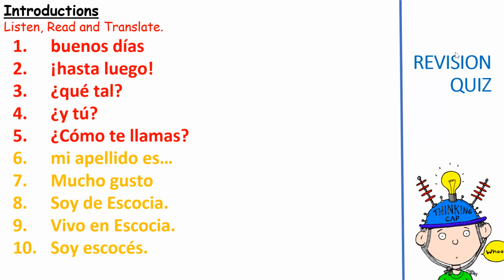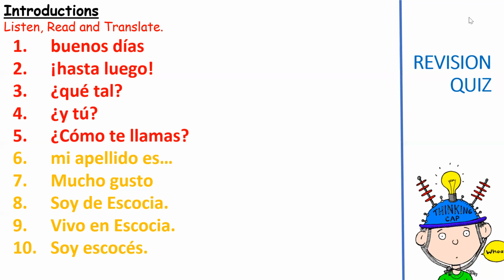Okay, let's check over your answers. Number 1, we should have good morning or good day. Number 2, see you later. Number 3, how are you? Number 4, and you? Number 5, what's your name? Number 6, my surname is.